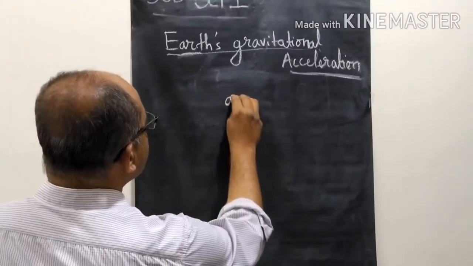According to Newton's second law of motion, that force exerted on the objects leads to acceleration. This acceleration is called the acceleration due to gravity, and it is denoted by small g.